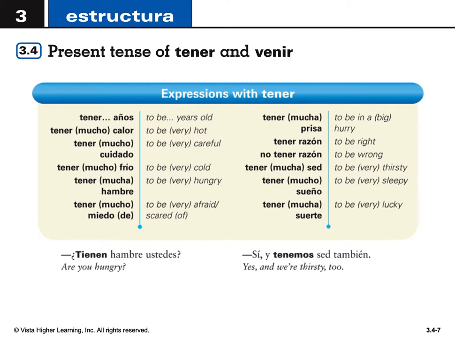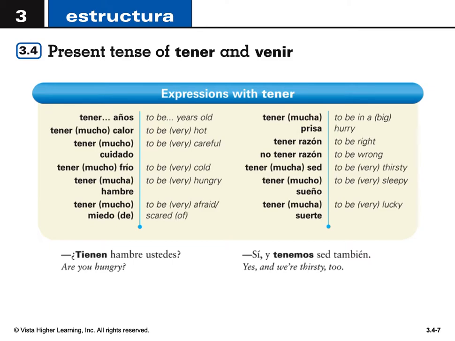Tener miedo de is to be afraid of. Tener prisa is to be in a hurry. Again, prisa is a feminine word, and so we'll use mucha to express being in a very big hurry. Tener razón is to be right. No tener razón is to be wrong. There isn't actually an expression for wrong, not for these tener expressions.